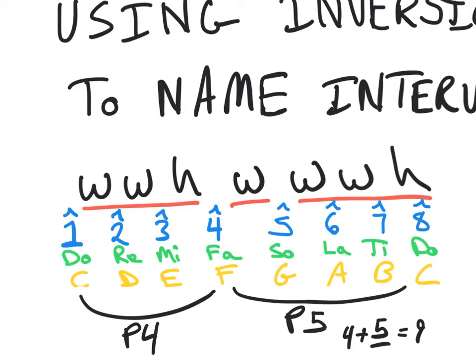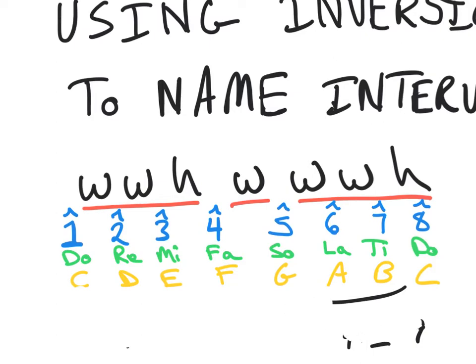All right. The thing is that we can continue this, but it's just going to continue to be the same thing. We've covered most of what we wanted to talk about. So obviously a perfect fifth from C to G, the inversion, G up to C, will be a perfect fourth.